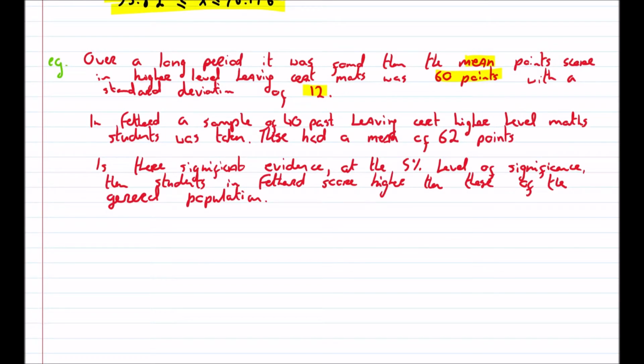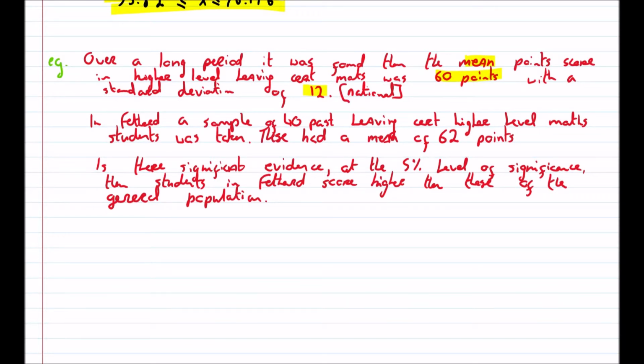Okay. So here we have a question then. We'll read over it first and we'll see what type of question it is. Over a long period it was found that the mean point score in higher level leaving cert maths was 60 points with a standard deviation of 12, and that is nationally, so all over Ireland.